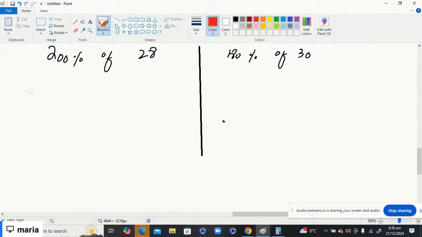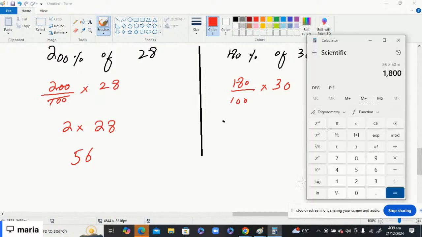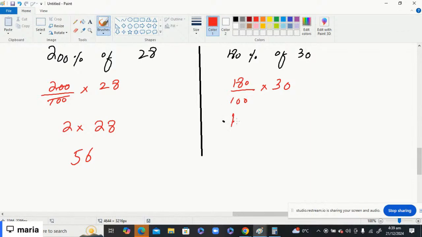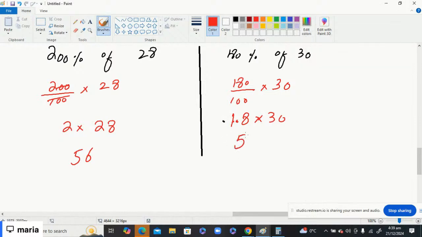Okay, now 200% of 28, this is 56, okay? 1.8 times 30, this is 54.